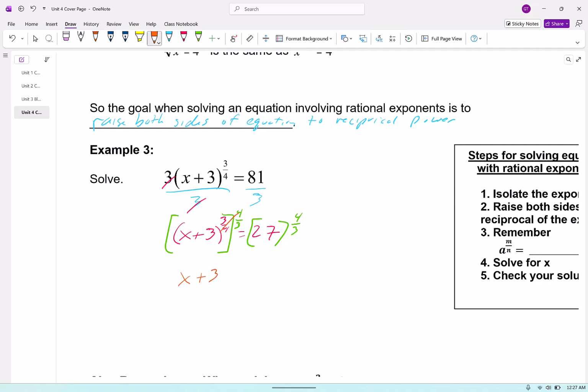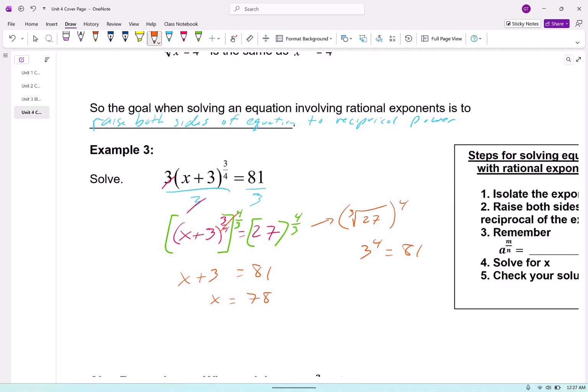A lot simpler. Again, this over here is the same as the cubed root of 27 to the 4th power. Well, this is equal to 3 to the 4th, which equals 81. So this would equal this, so x equals 78.